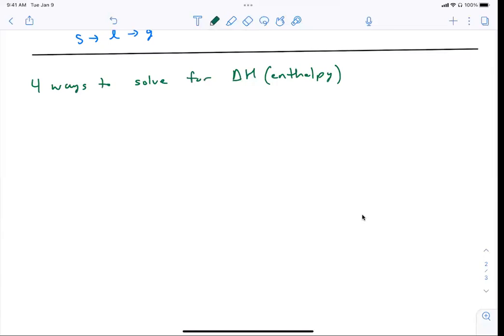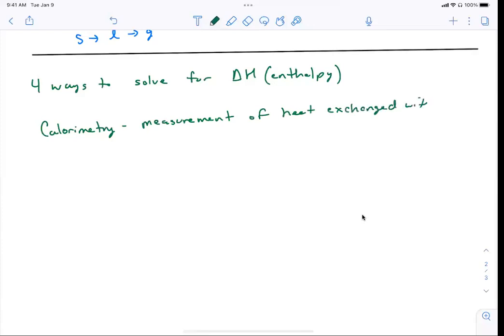The first one is calorimetry. Calorimetry is essentially the measurement of heat exchanged with the surroundings, usually water for our purposes here.